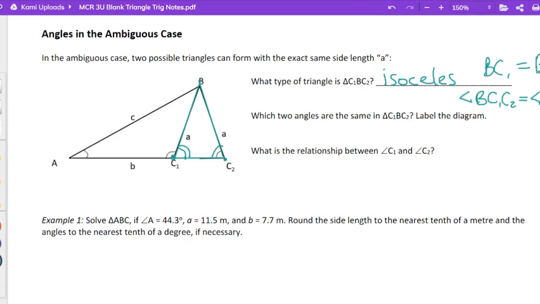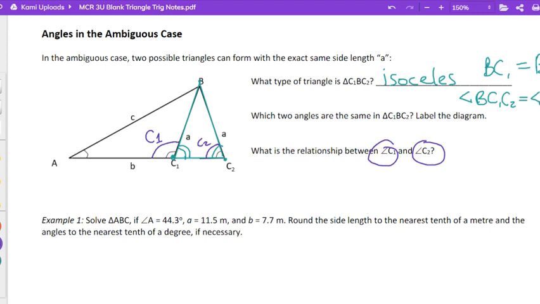Which 2 angles are the same? Okay, so we labeled it. Now, watch. Here is the next step. What is the relationship with C1 and C2? So this is the angle of C1. And this is C2. Let's first go and just analyze this little bit.